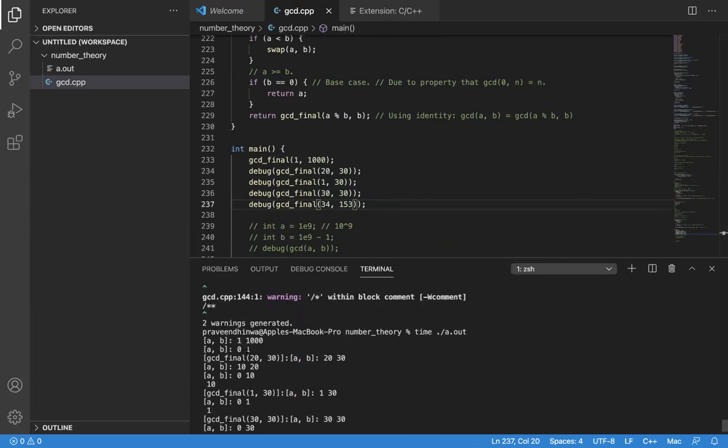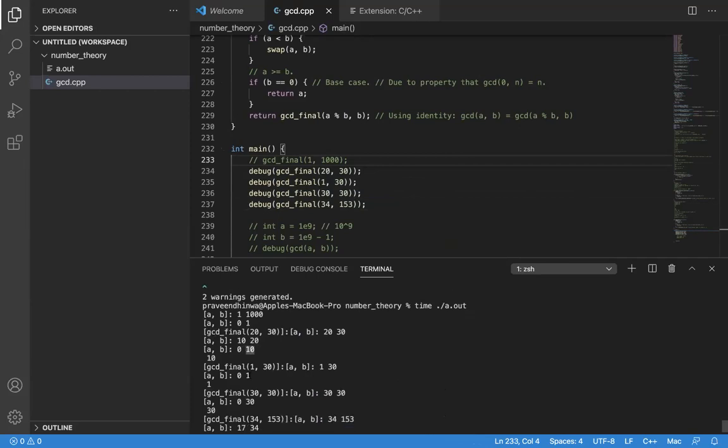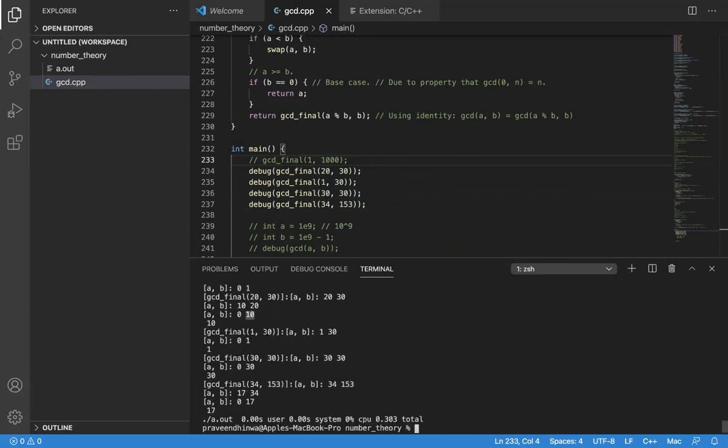For 1 comma 1000, the GCD was 1, so this one is fine. For 20 comma 30, the answer is 10. In the first step, A was 10, B was 20. In the next step, this became 0, this became 10. For 1 comma 30, the answer is 1. For 30 comma 30, the answer is 30. For 34 comma 153, the answer is 70.